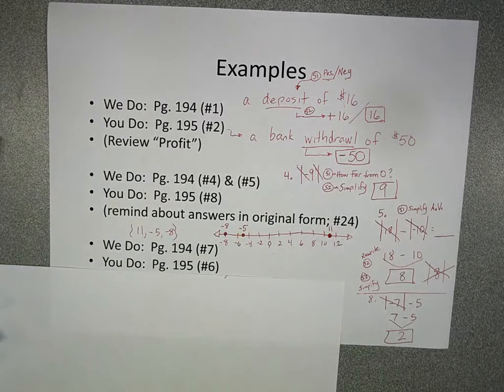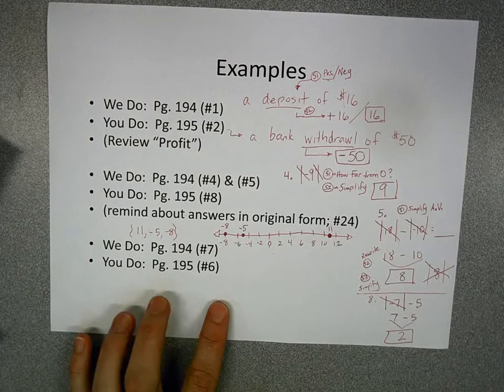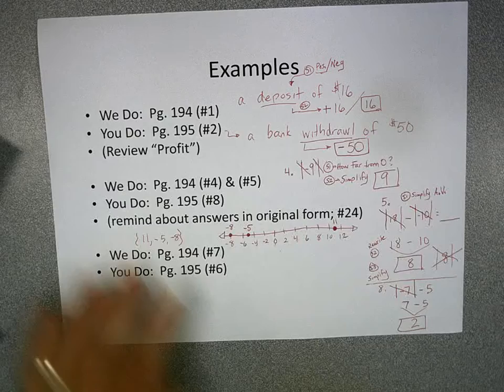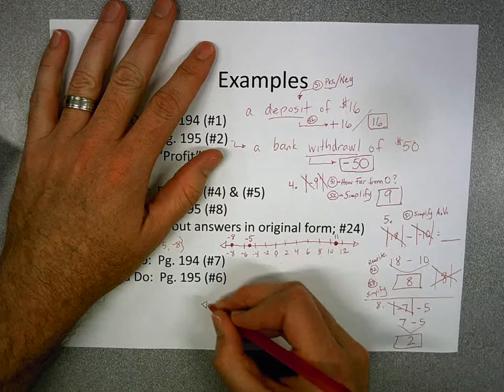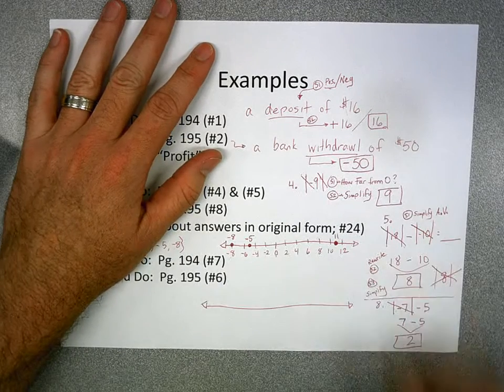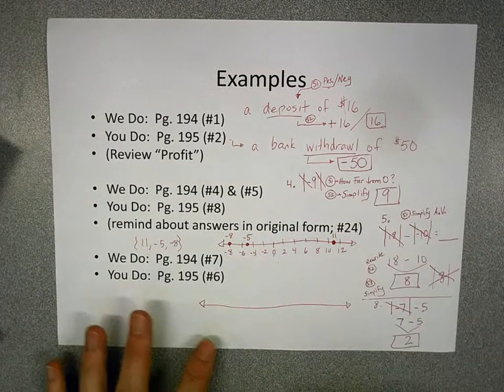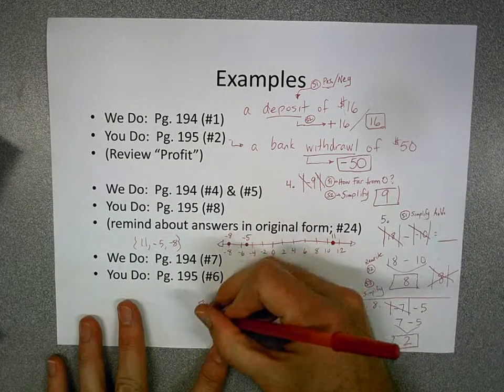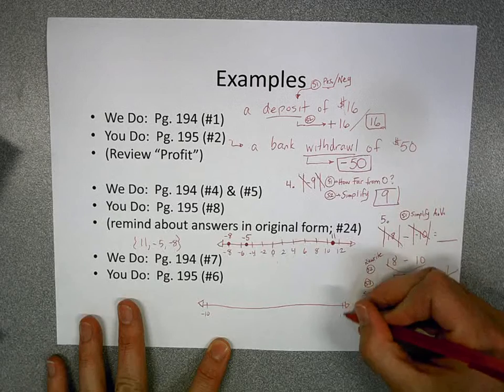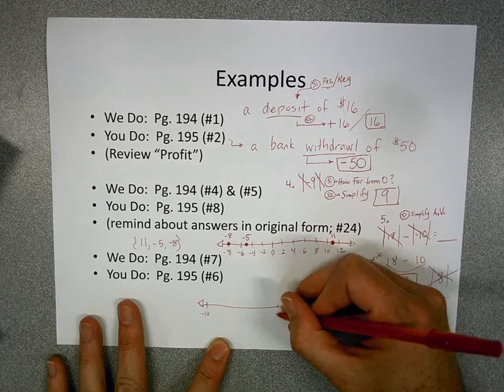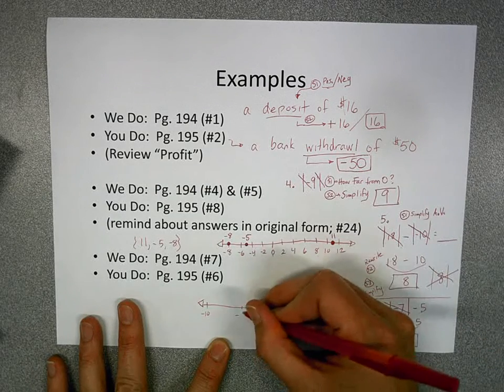Okay, so let's take a look at number 6 on 195. Let's check your answers. I'll do a quick sketching of the number line. It's a pretty big number line here. It goes from -10 all the way to +10. I'll do some splitting here to make it a little easier on myself.